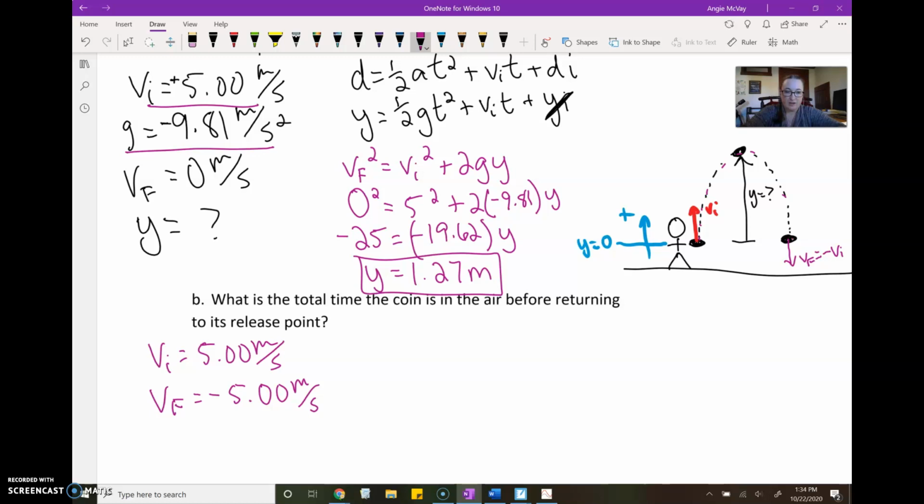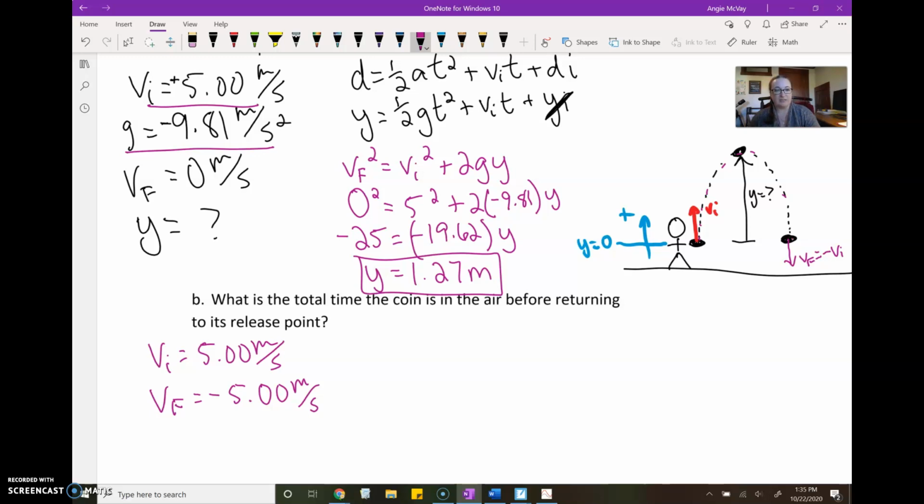Okay, so for this, I can have my final velocity be the velocity at the point that the coin has returned to its release point. We're not saying that the referee is catching the coin, and so the final velocity is not 0. We always want a non-zero value. Like if we're solving a problem and an object might be caught or it might land on the ground, we don't want that velocity to be 0 because the object is caught or because it will land on the ground.